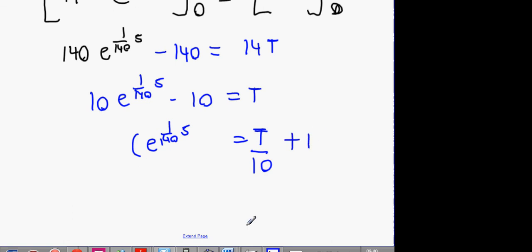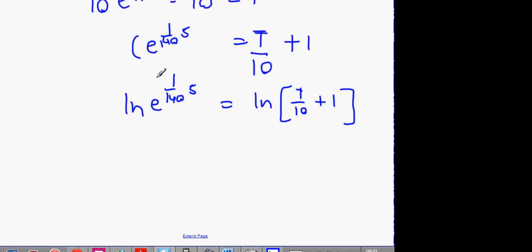Then we're going to have to ln both sides, aren't we? ln e to the S over 140 equals ln of t over 10 plus 1.